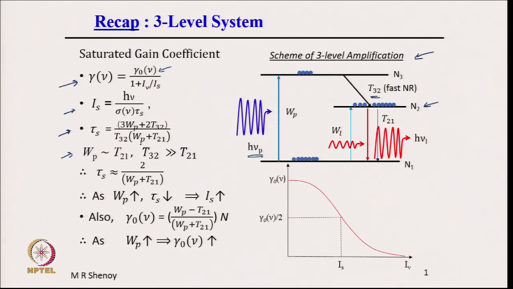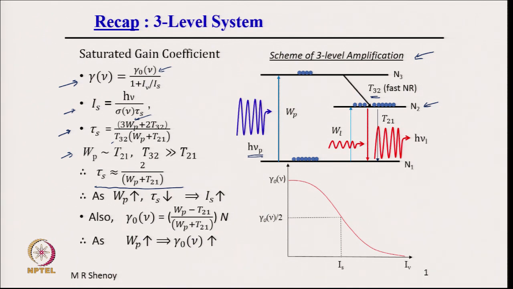But T32 is much greater than T21, and therefore this 3 Wp here can be neglected in comparison to T32, and then T32 cancels, and therefore we have tau s approximately equal to 2 by Wp plus T21.